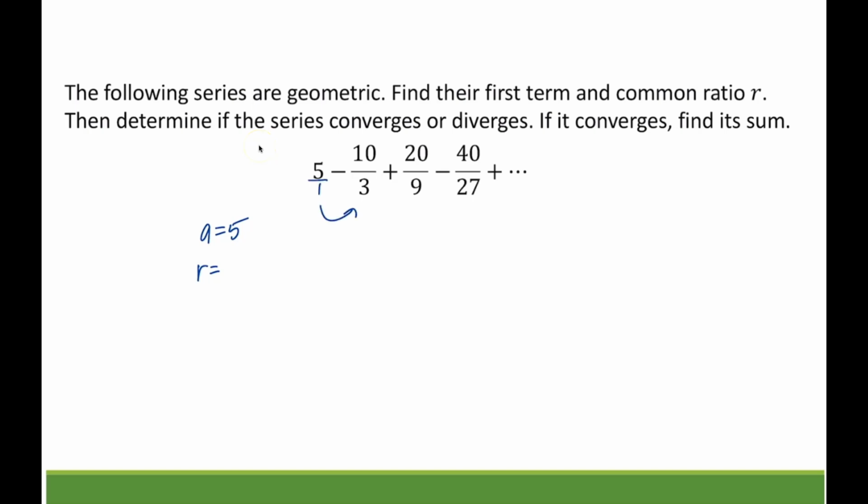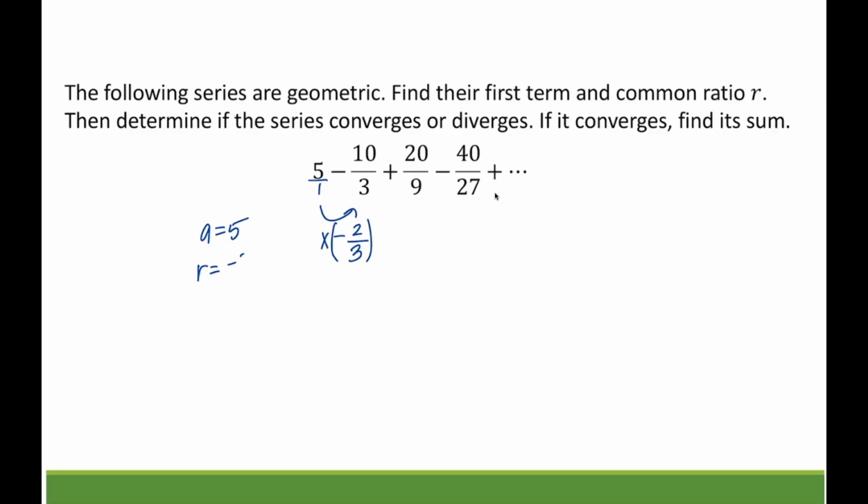So the first term is 5/1, and it starts positive and then the next term's negative. So our common ratio is going to have to be a negative value. Across the numerator, I'm multiplying by 2 each time. So I'm going to have a 2 on top there. And in the denominator, I'm multiplying by a 3. So I'm multiplying by negative 2/3.